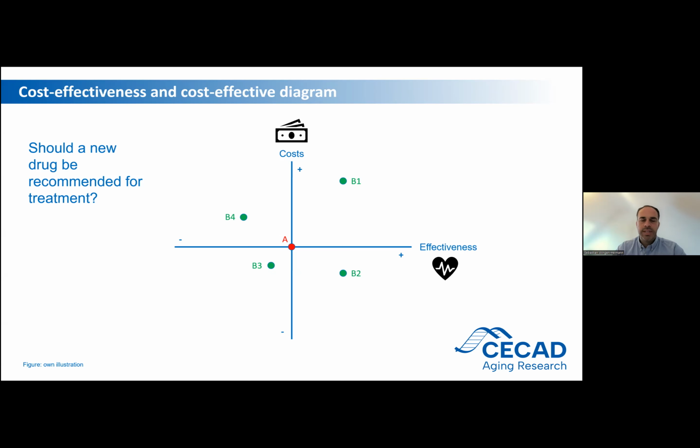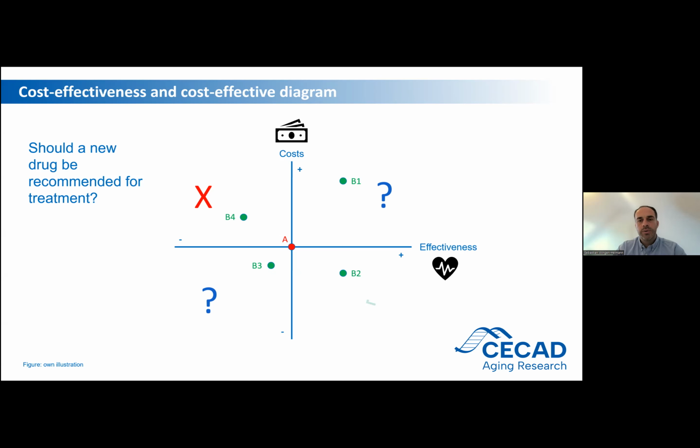So now we see two very clear decisions that we can make, where we are indifferent. The indifferent scenarios are B1 and B3. We can clearly decline scenario B4 because it doesn't make sense to implement a new drug which is less effective and more costly.